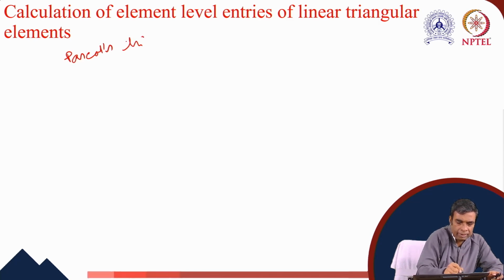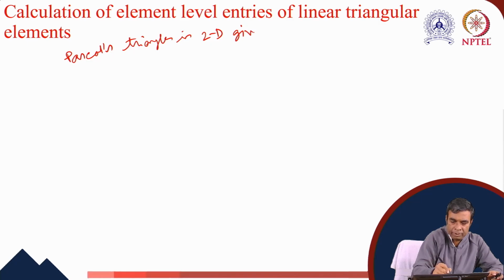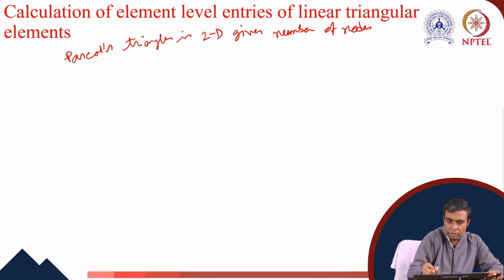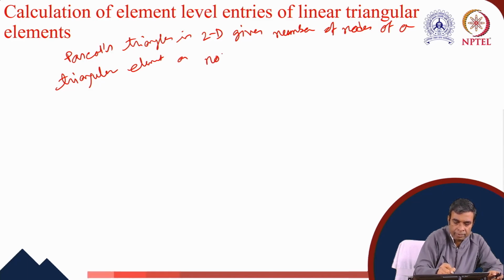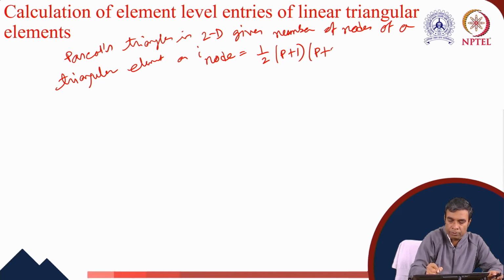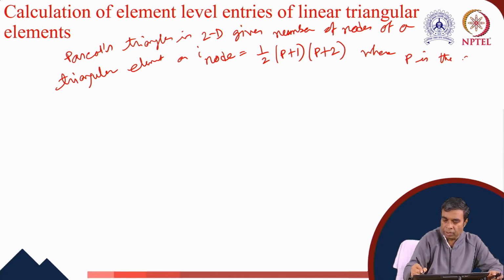Pascal's triangles in two dimensions give the number of nodes of a triangular element as I node equals half of p plus 1 into p plus 2, where p is the order of the polynomial.